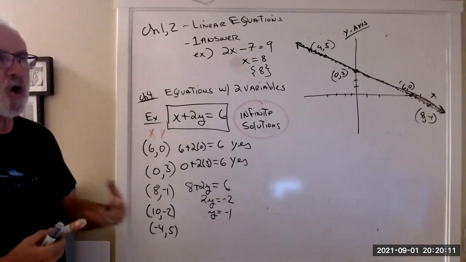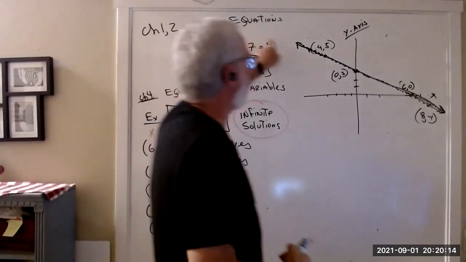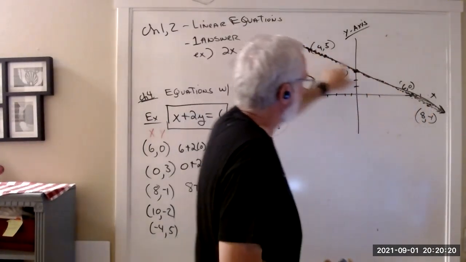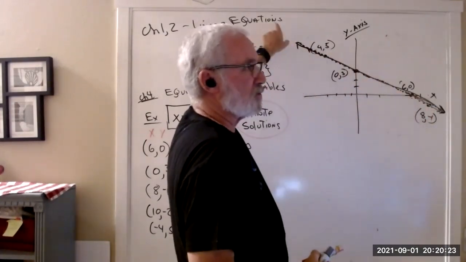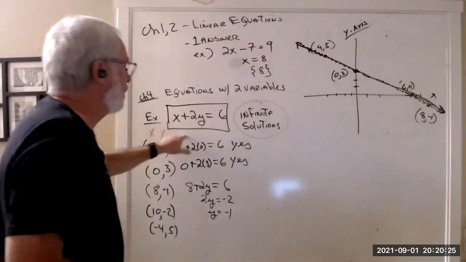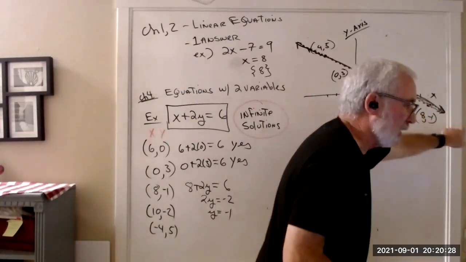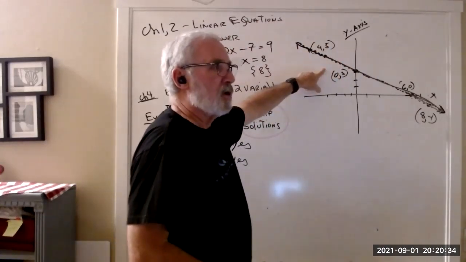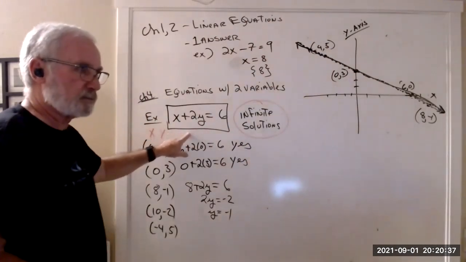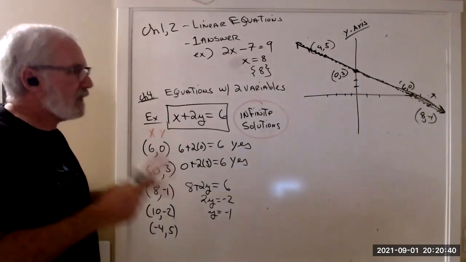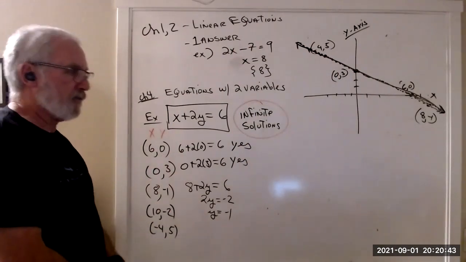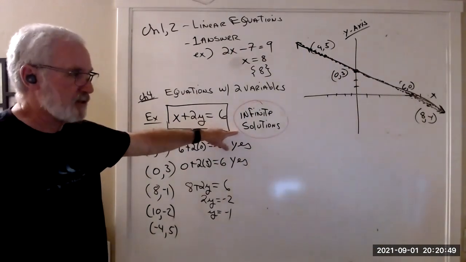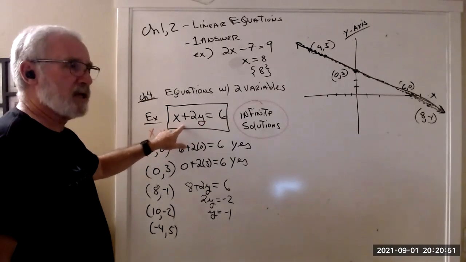But if we want to see all of them, then we draw a line through a couple of them, and that line shows us all of the answers. All of the solutions for this problem are going to be found on this line. So it's a graphical representation of the infinite solutions for this line. Okay, that's kind of a key concept. A graph is a picture of the solutions. A graph is a picture of the solutions to an equation.